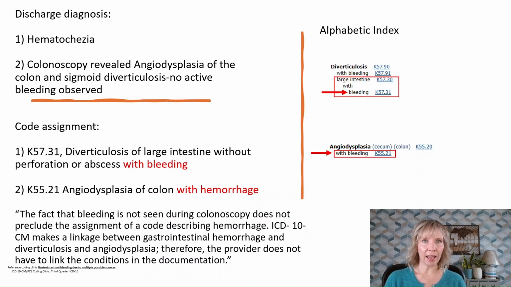The fact that active bleeding was not seen during the colonoscopy does not preclude assigning the code for with hemorrhage. So that's it for today's quick tip.